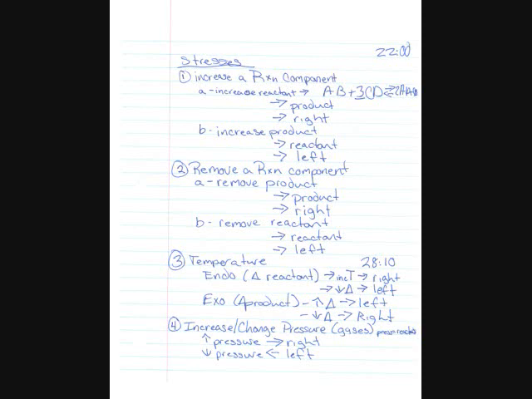Okay. If it's exothermic, then heat is a product. So if I increase heat, what have I done? I've increased product, so I'm going to shift to reactants. I'm going to shift left.